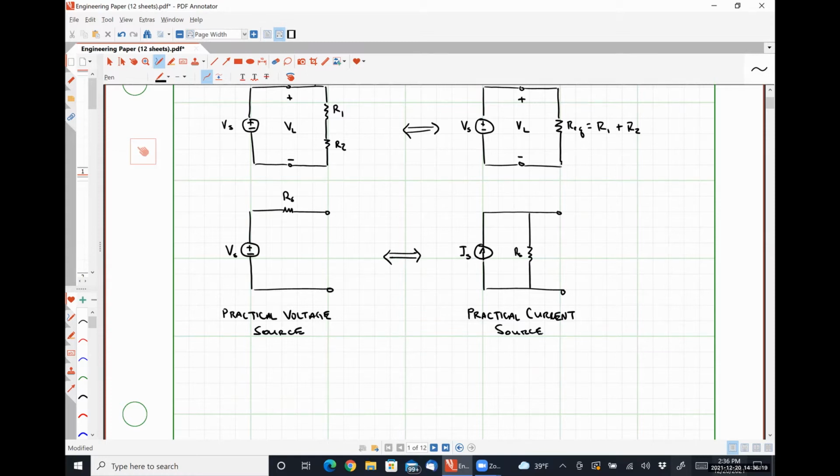So if we look at the model here for a practical voltage source containing an ideal independent voltage source in series with some resistor RS, what do you think the resistor is doing? Anybody have any thoughts?